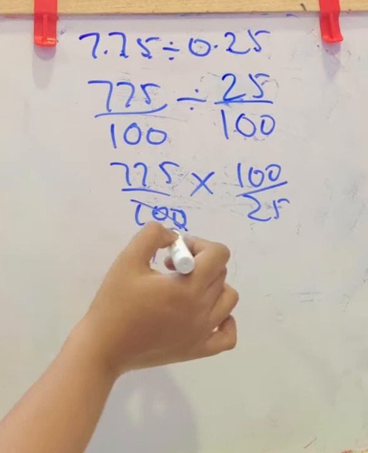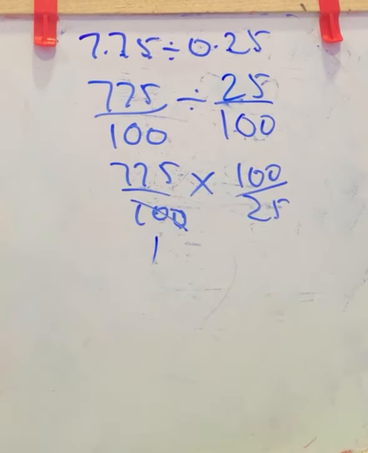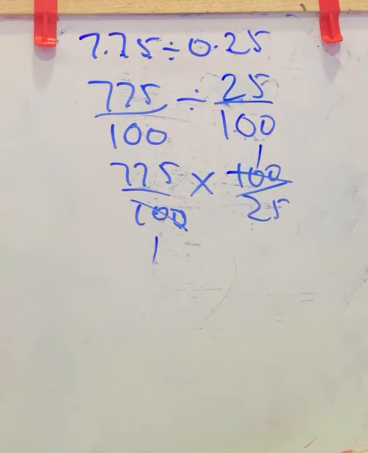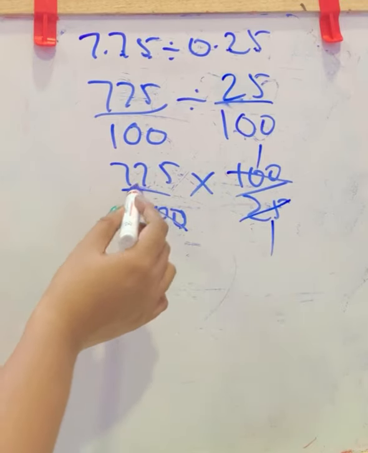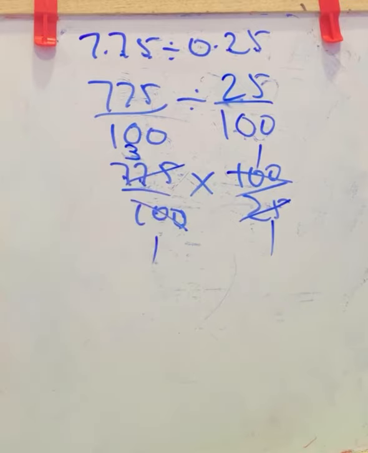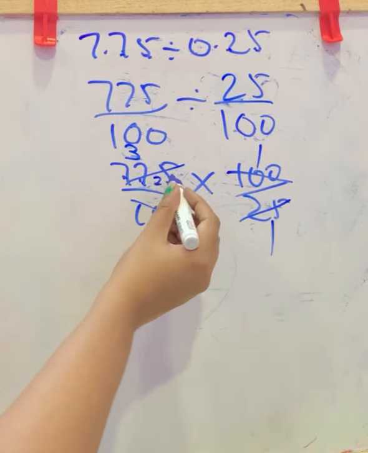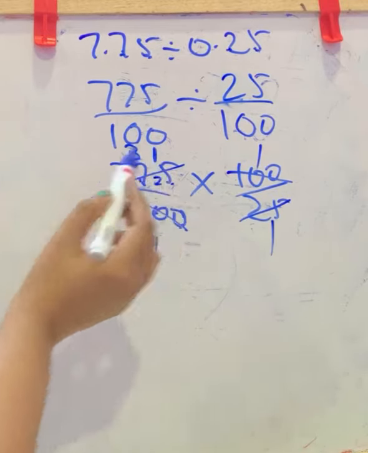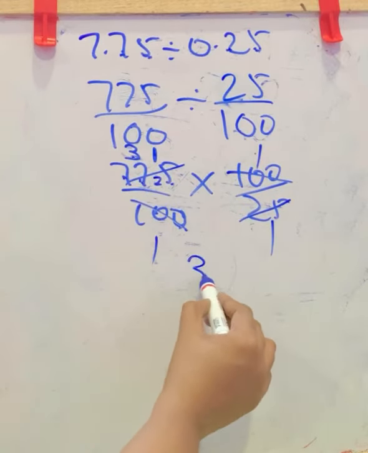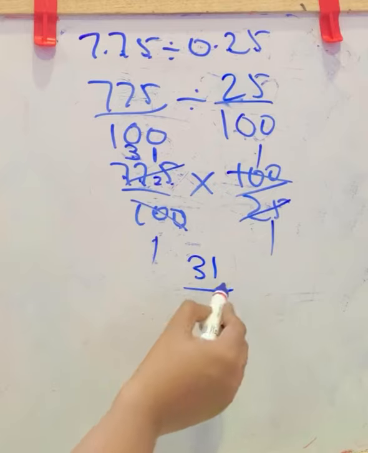So 100 ones, same numbers are there in numerator and denominator. 100 ones are 100, here also 100 ones are 100. You cut it with hundreds. Now here 25 ones are 25. In 775, in 77, 25 threes are 75, balance is 2. This becomes 25. 25 ones are 25. So the result is 31 into 1, 31 by 1 ones are 1. Don't want to write by 1, simply write 31.